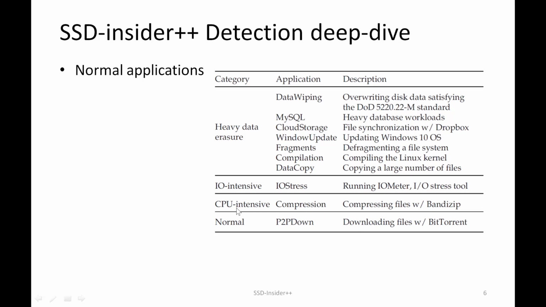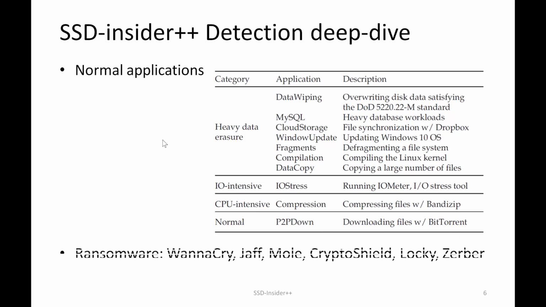The third one is a CPU intensive application, which they have considered as a compression application, and the fourth one is a normal application where a peer-to-peer download application is running, like BitTorrent. Right? On the ransomware front, they have considered different ransomwares: WannaCry, JAF, Mole, CryptoShield, Locky, and Zerber. Right? So there are 6 different ransomwares.